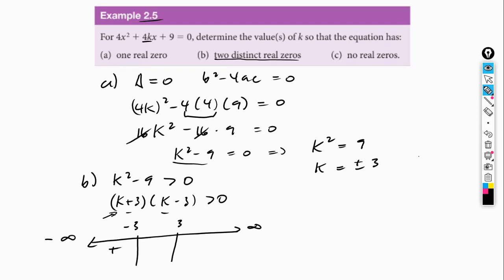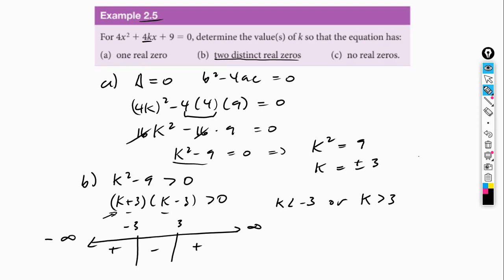If you plug in a value between negative 3 and 3, any of the values between negative 3 and 3, let's say 0, you're going to get negative. And if you plug in something greater than 3, you're going to get positive. So that means that you're going to get two distinct real zeros for values of k that are less than negative 3 or values of k that are greater than 3.